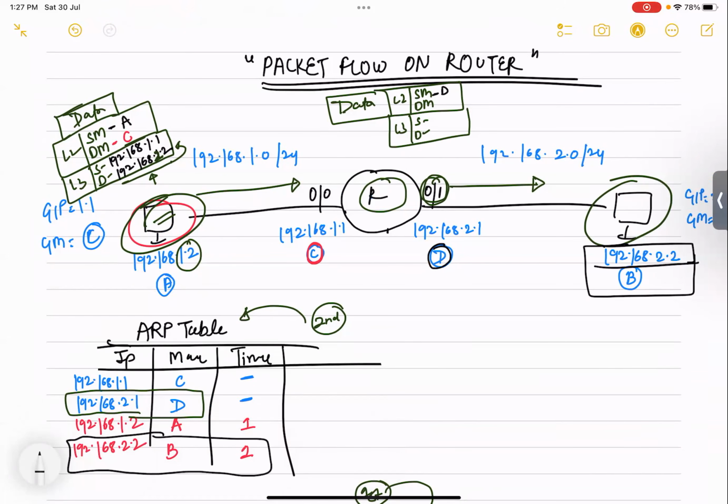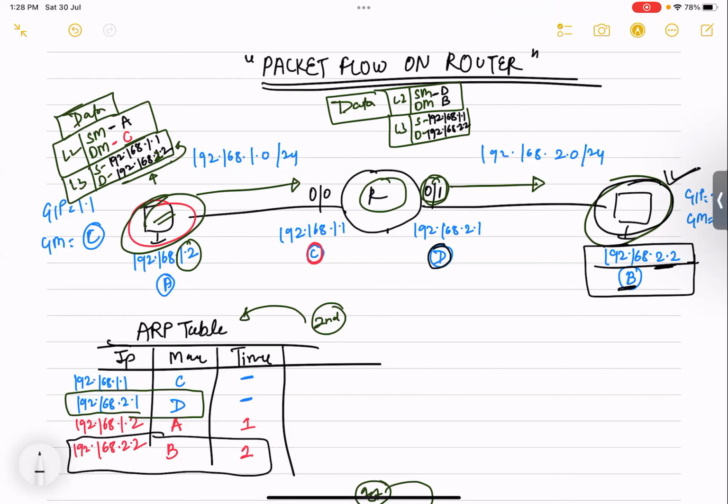The IPs are 192.168.1.2 and 192.168.2.2. Now this user will receive it: B is available, IP is available, accepted.